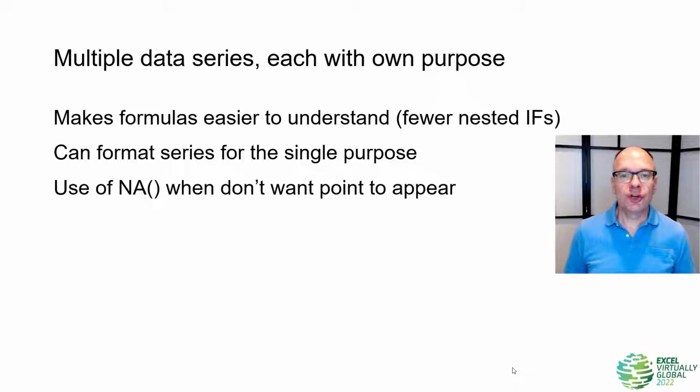This makes it so much easier to say, I don't have to worry about every data series and every data point having a value, because it doesn't have to. I can have only one purpose for each data series, and most of the values in that data series might be this NA error value, because I don't need them to show up for the data that happens to be in this time period.